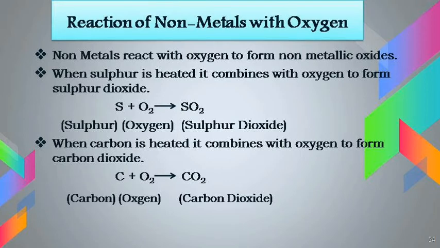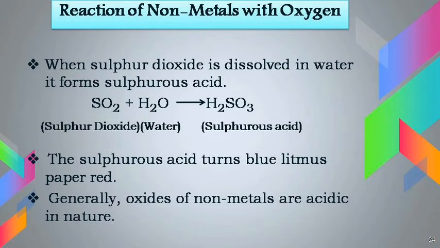The other reaction is SO2 plus H2O, where SO2 is sulfur dioxide, which was formed when sulfur reacted with oxygen. And when we add water to it, we get H2SO3, that is sulfurous acid.